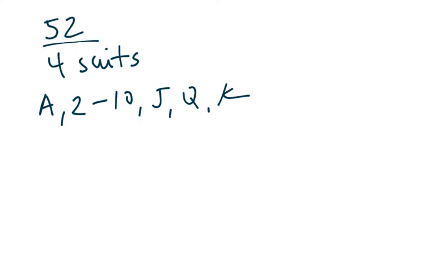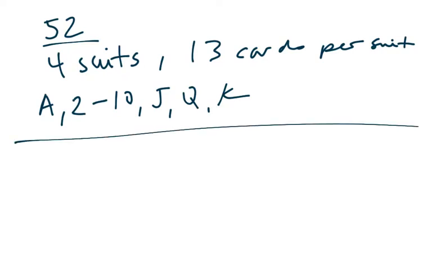And there are 4 of each of these cards because there's one in each suit. Okay, so 4 suits, 13 cards per suit. That's helpful because you could be asked to find the probability of drawing a 4 out of a deck of cards.